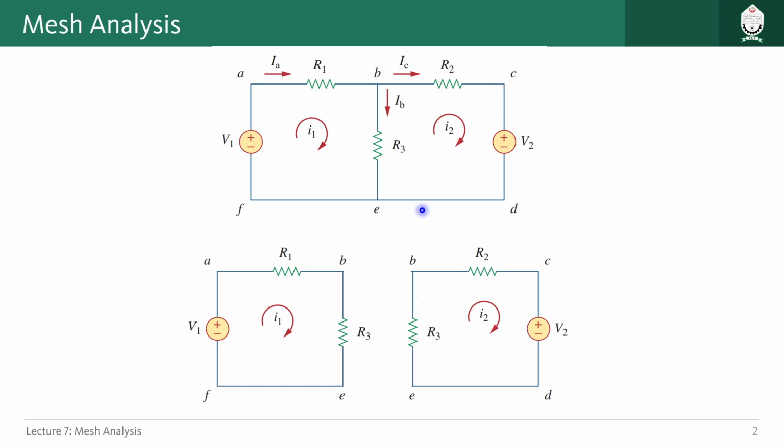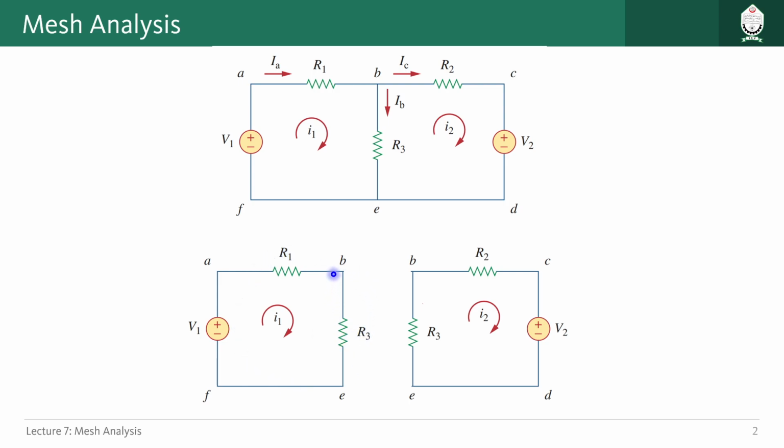So here you see in this circuit we have 2 different meshes, and we have used this kind of notation here to represent I1, the mesh current for mesh 1, and for mesh 2 this is the current I2, going in the clockwise direction, right? Now basically what mesh current is denoting here is that if I could divide this circuit into 2 parts such that it looks something like this.